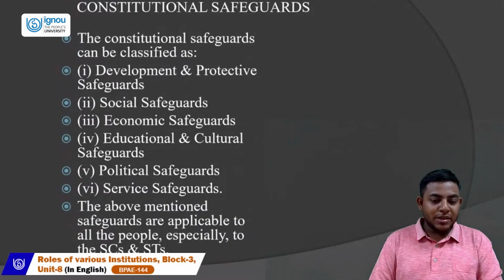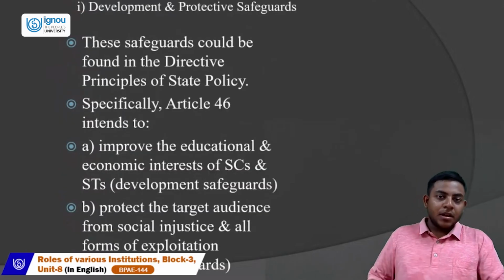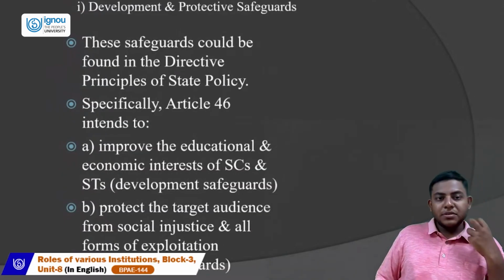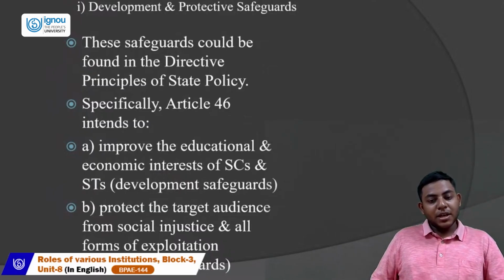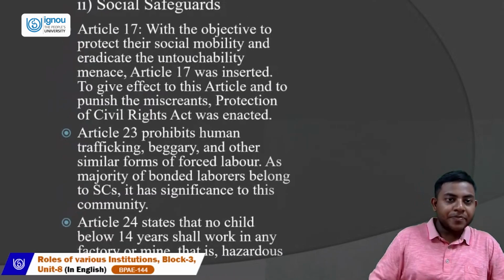The above-mentioned safeguards are applicable to all the people, especially to the Scheduled Castes and Scheduled Tribes. So, development and protective safeguards. These safeguards can be found in the directive principles of state policy. Specifically, Article 46 intends to improve the educational and economic interests of Scheduled Castes and Scheduled Tribes, which are development safeguards, and to protect the target audience from social injustice and all forms of exploitation, which are protective safeguards.